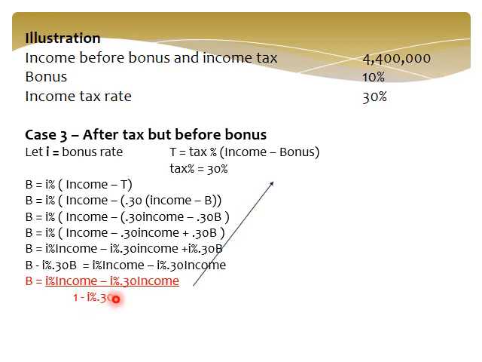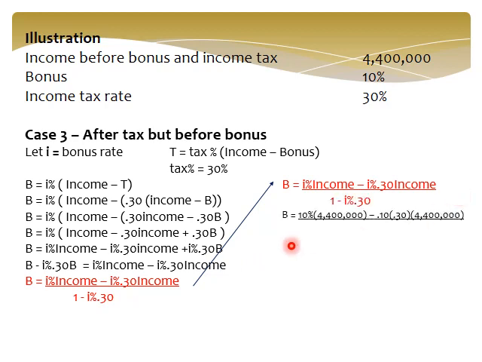So using this formula, we have bonus rate 10%, income 4.4 million, minus bonus rate 10% times 0.30 times income 4.4 million. And then we have a denominator of 1 minus bonus rate times 0.30. So 1 minus 0.10 times 0.30.